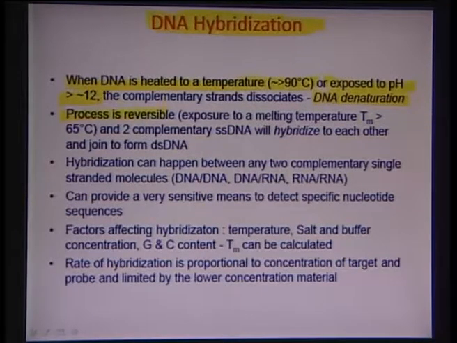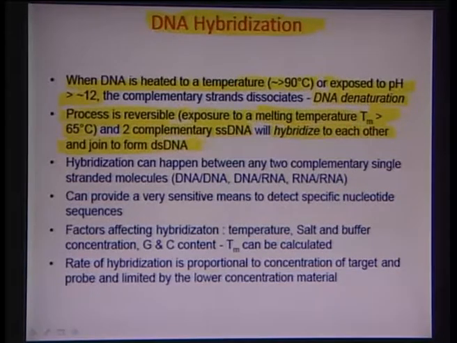Once it happens, on exposure to a melting temperature Tm greater than, let's say, 65 degrees Celsius, but again less than 90 degrees, the two complementary single stranded DNA structures so formed join back together. This we know as hybridization.